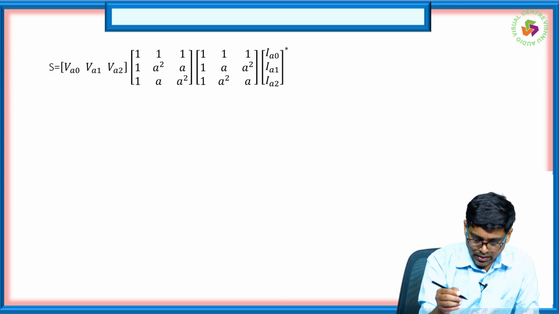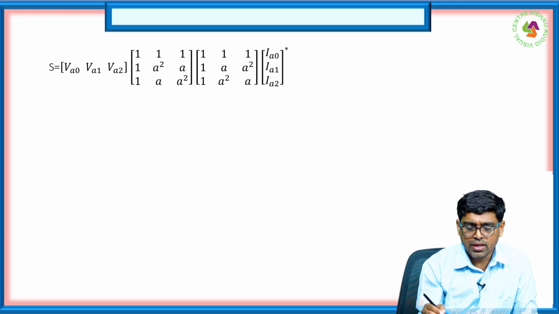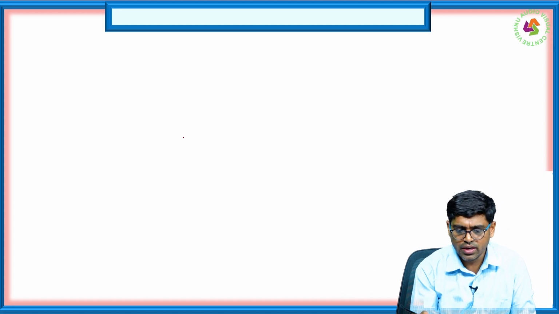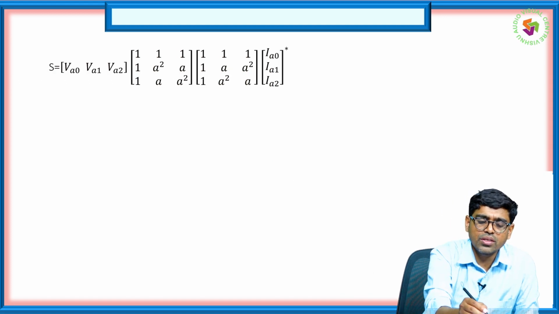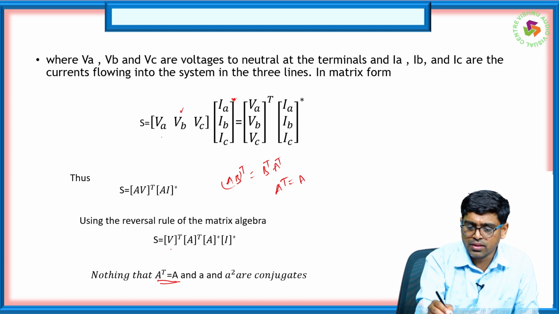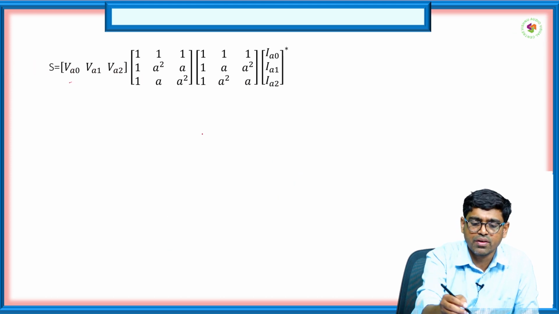So now we can write this relation in terms of VA0, VA1, VA2, which is equal to the voltages VA, VB, VC, written as the matrix 1 1 1, 1 A square A, 1 A A square.